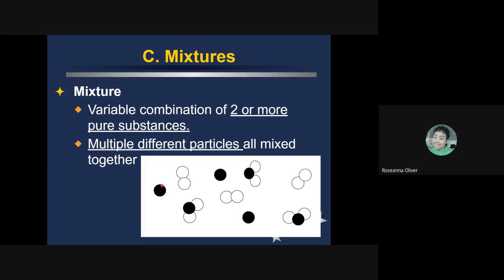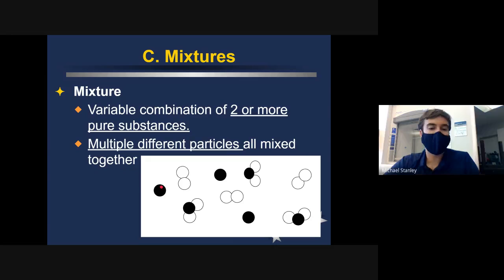Compounds? Not quite. So this would be an element, right? If we're just looking at these 3 black atoms, they're not connected to any other type of atom, right? It's just the black one on its own. So this guy would be an element right here.